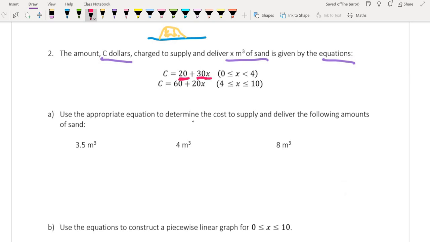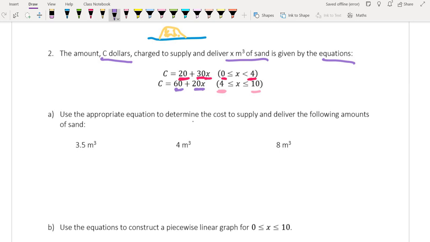But this is only happening when we're ordering from 0 to 4 cubic meters of sand. Because what happens as we order more, so anything between 4 to 10 cubic meters of sand, we have to pay $60 up front, but then every cubic meter of sand that we order is just going to be charged at $20. This is a little bit cheaper as you order more.